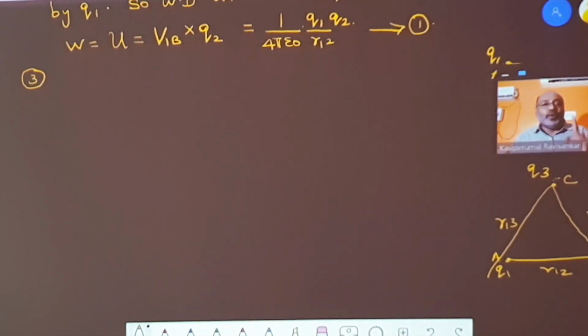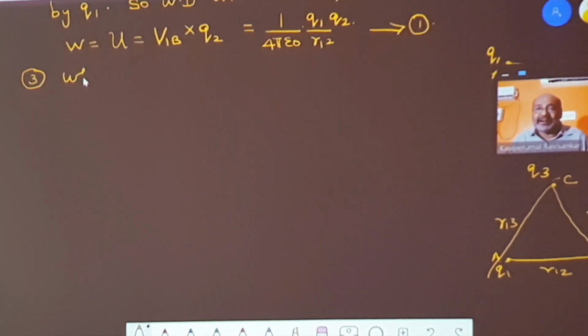Clear? When you are moving the charge Q3 from infinity to that point C, work is said to be done on Q3 against the electrical field produced by Q1 and by Q2. So that is the third point.